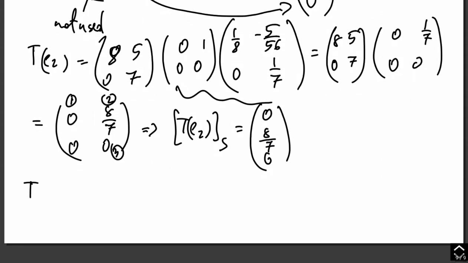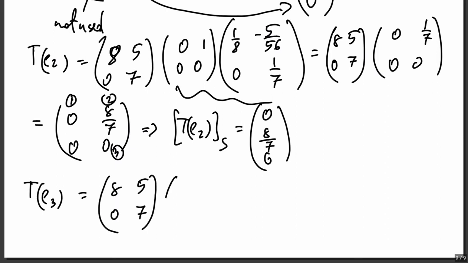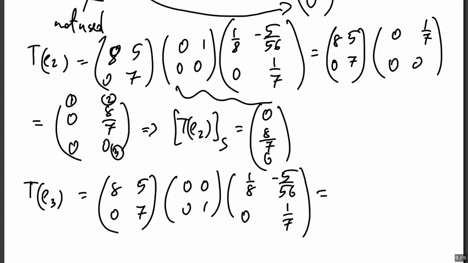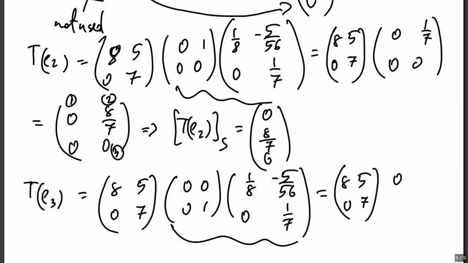And then the third basis element, and when you apply the transformation, which is a matrix multiplication, [8 5; 0 7] times this matrix [0 0; 0 1] times the inverse, which is [1/8 -5/56; 0 1/7]. So this multiplication first. Again, this picks up the second row.